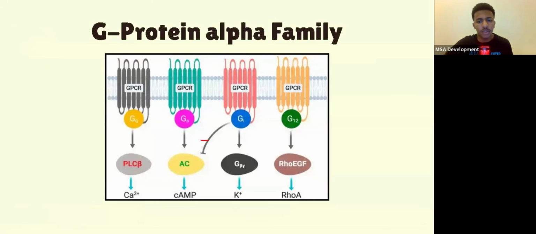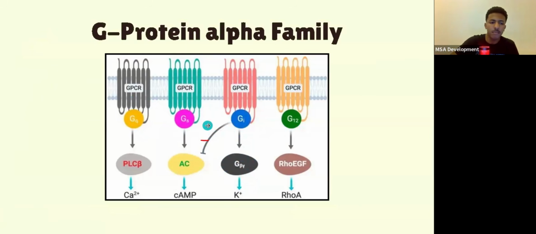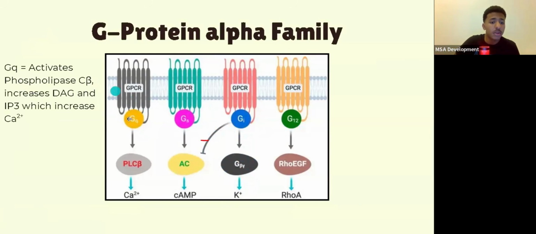This is the G protein alpha family, and the four of them which you need to know are GQ, GS, GI, and G12/13. Now, for GI, I want you to ignore this. Just focus on this, okay? So we're starting with GQ.